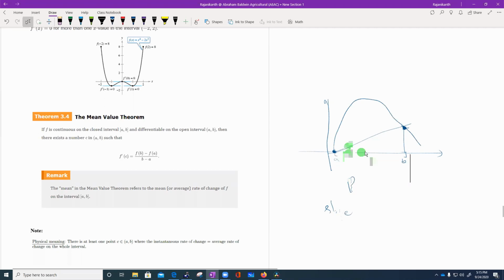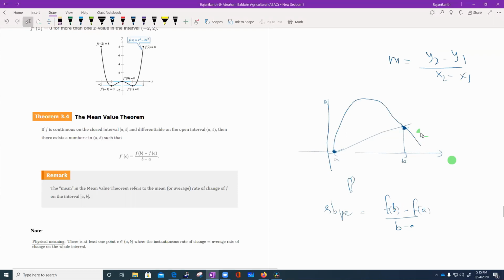Slope of this line is nothing but f of B minus f of A over B minus A, right? How do you find the slope of the line? Simply, I'm using the y2 minus y1 over x2 minus x1 formula.